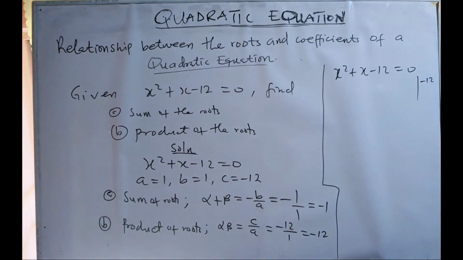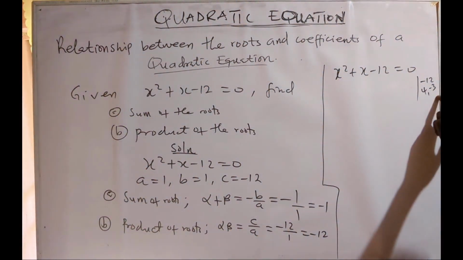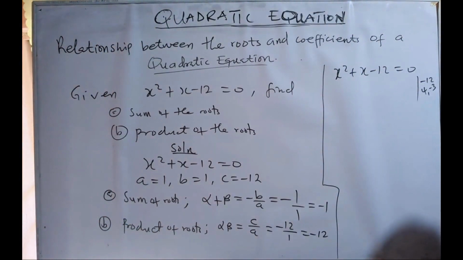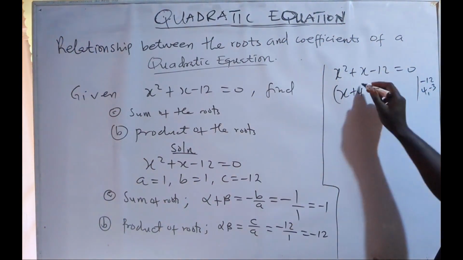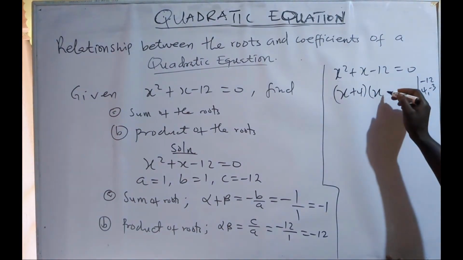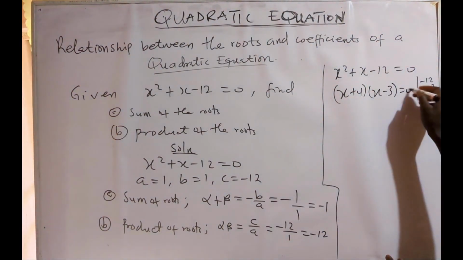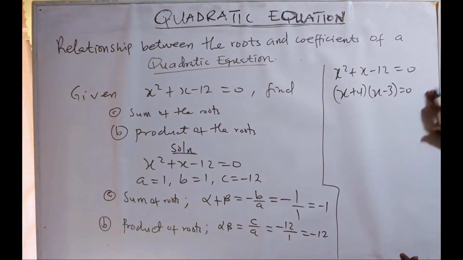We can get 4 and negative 3. 4 times negative 3 gives negative 12, and 4 plus negative 3 gives positive 1. So to factorize this, we have x plus 4 and x minus 3 equal to 0.